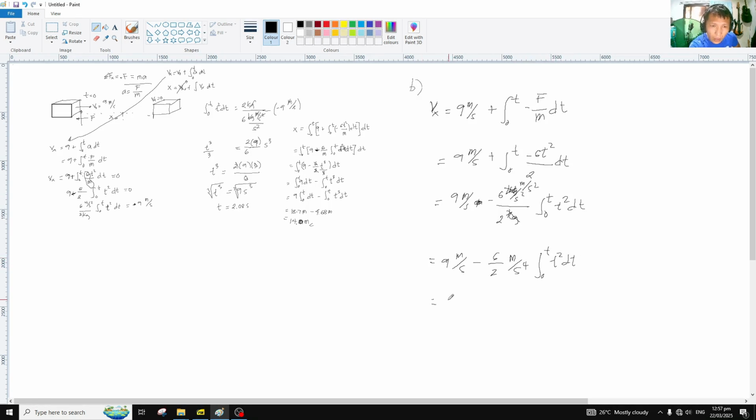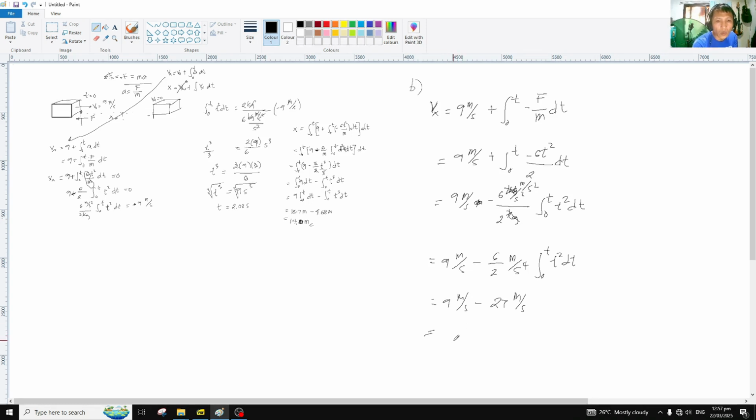And then you can use your calculator: 9 meters per second minus, that is 6 over 2, that is 3, then multiplied by the integral of t squared from 0 to 3 seconds. And that would give you 27. So 27 meters per second. So you have 9 minus 27.